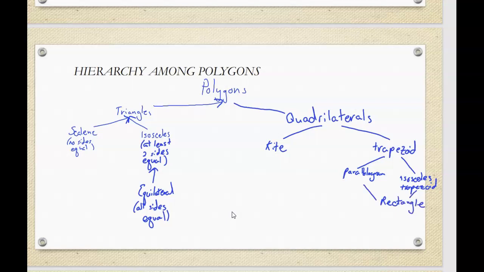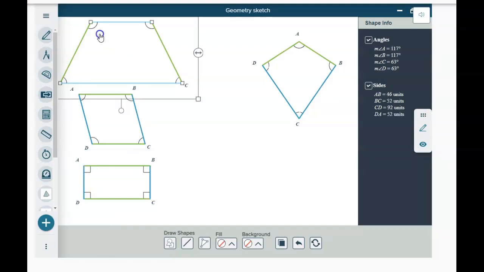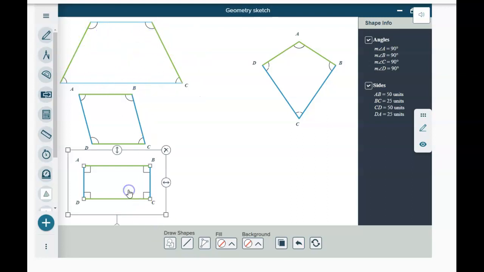Now, a rectangle is also an isosceles trapezoid. Because remember that an isosceles trapezoid had two sides that were the same length, and one pair of opposite sides that were parallel. Well, let's look at this rectangle. Here's one set of opposite sides that are parallel, and, well, here's two sides that are the same length.